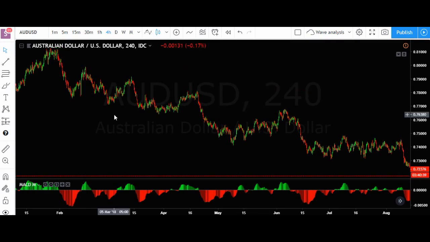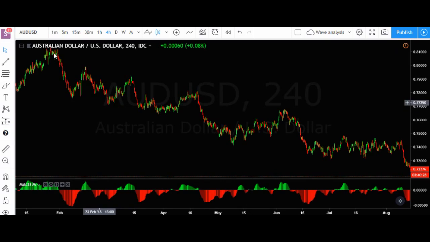Let's take this off, not to confuse anyone. Okay, so basically we had this first down impulse, and then we had another running flat. So then we would have fibbed this.